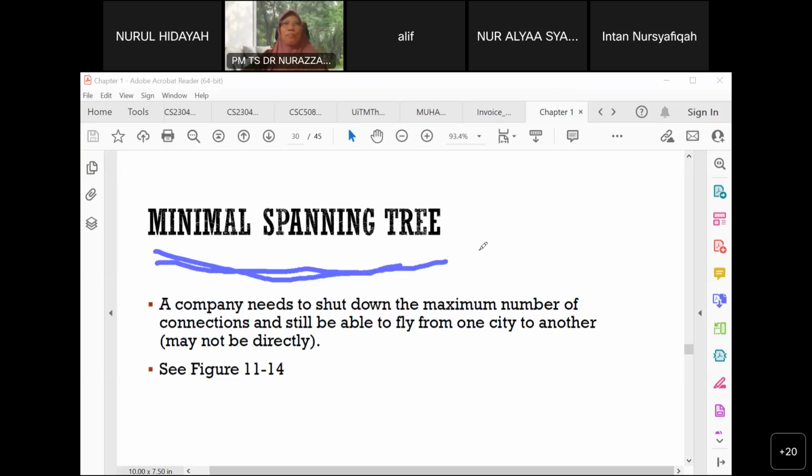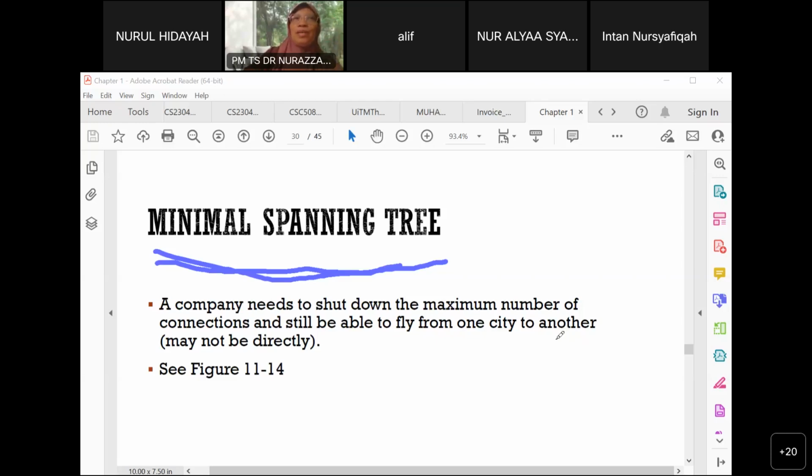So this algorithm is invented by person named Kruskal. Jadi ini sebab tu sempena nama dia dinamakan Kruskal algorithm. So for example, dia kata a company needs to shut down the maximum number of connection but still be able to fly from one city to another.